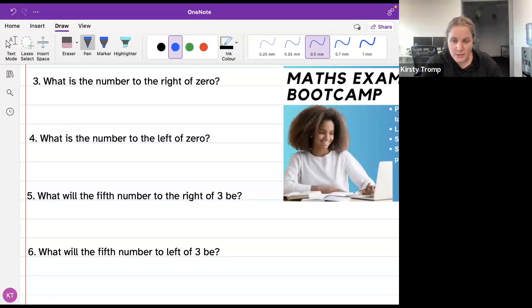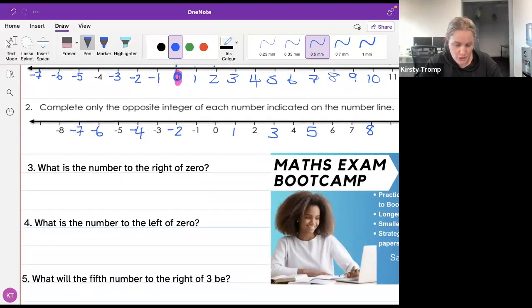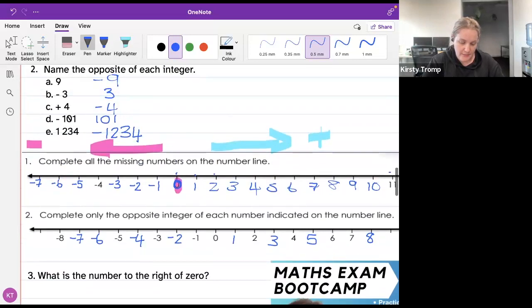Ma'am, can you please go to number 2, the one we just did? Not the number line, number 2D. Yes, okay, I will bring the screen back, everybody.